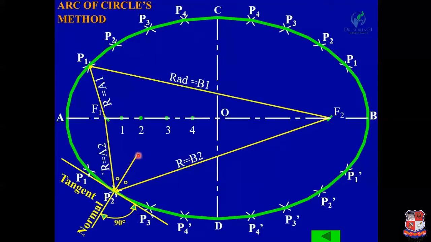This bisector is the normal of this ellipse, and if you draw a line perpendicular to this normal, it is known as the tangent.